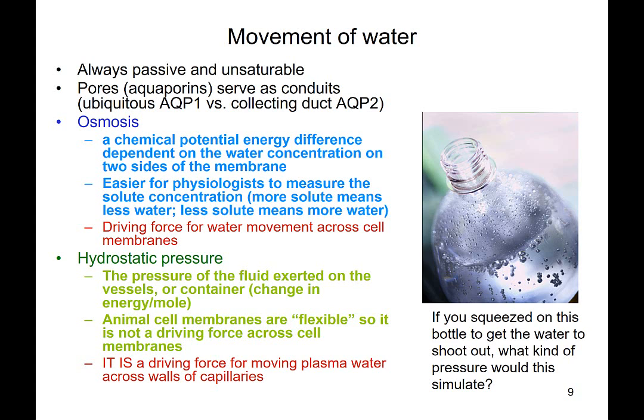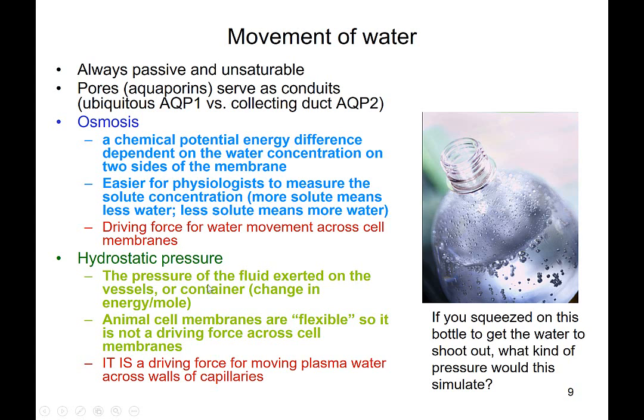There are pores in the biological membrane that allow water to move through the cell membrane. These are called aquaporins. Aqua means water, and a pore means it's a tunnel, if you will, through the cell membrane. And there are many different types, and do not worry about aquaporin type 1 versus aquaporin type 2. Let's start with the bottom bullet where it says hydrostatic pressure.